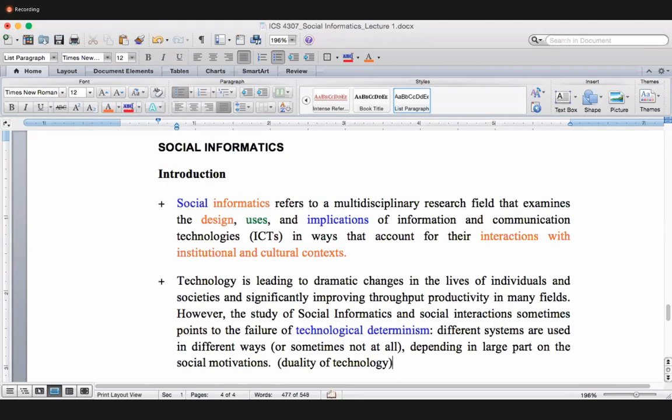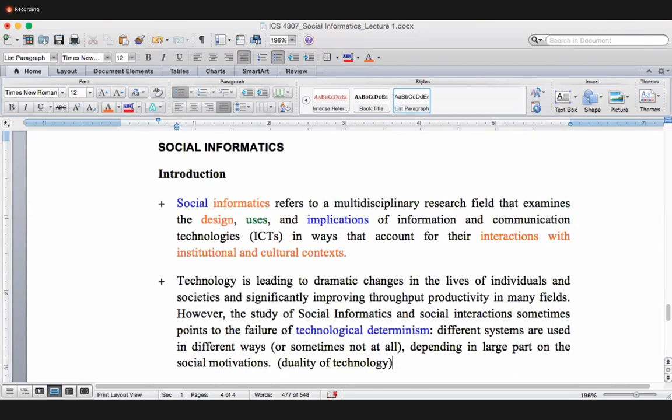Duality of technology means that technology has both a good side and a bad side. And therefore, when you are looking at social informatics, you want to analyze from the duality perspective, from the two sides: what is the benefit in terms of throughput productivity, and then what are the technological determinism.